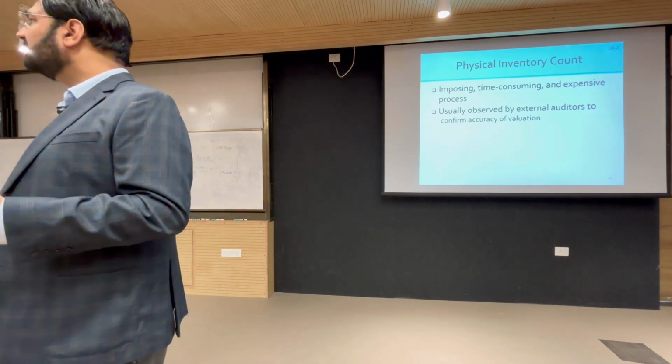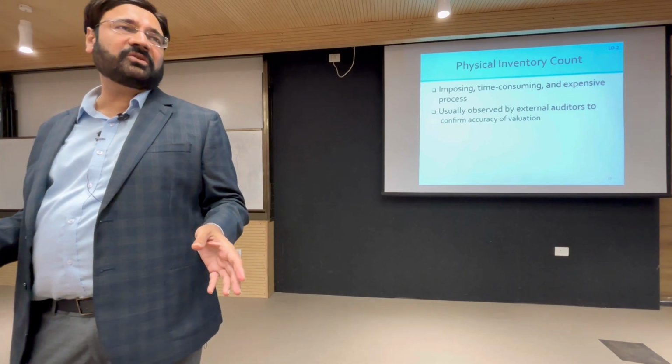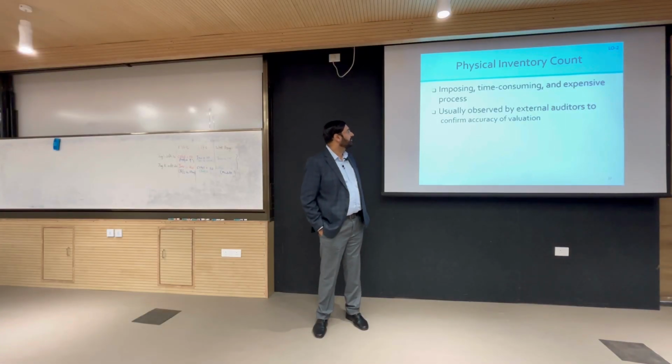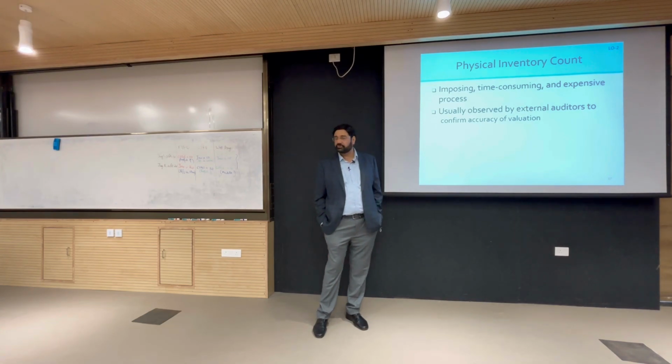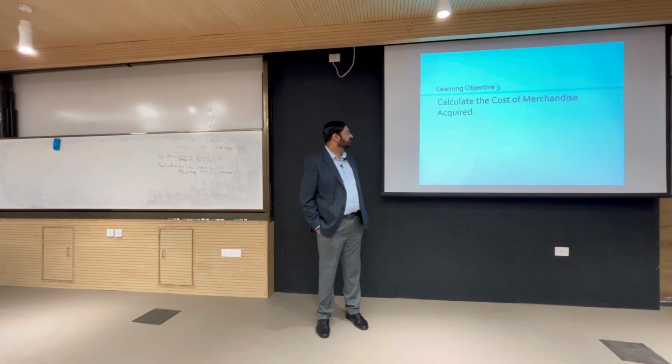Then physical inventory checking is a very tedious and a continuous process that takes days and weeks. So this is what physical inventory count is needed to ensure that the value of inventory recorded in books is correct. Next. Yeah, calculate the cost of merchandise acquired.